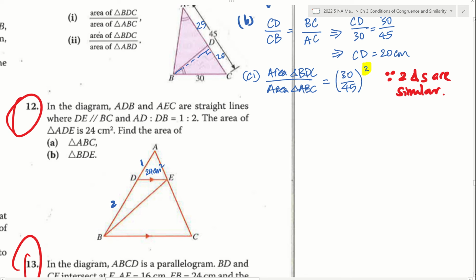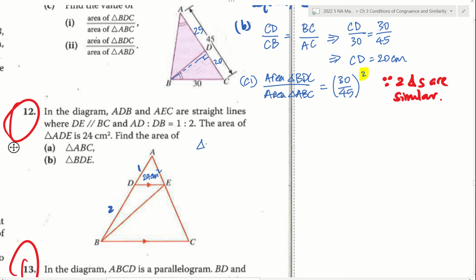So find the area of triangle ABC. This is a common shape, right? The triangles are similar. So go ahead and state that the two triangles are similar, and prove them also. So triangle ADE is similar to triangle ABC.